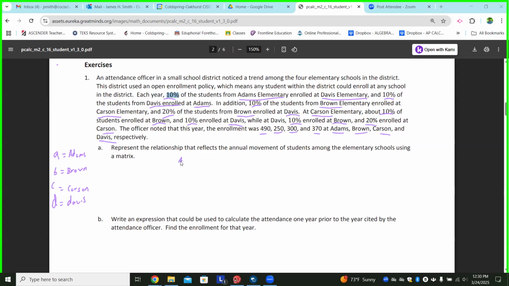So for Adams, 10% of the students from Adams enroll at Davis, so 90% of them stayed. We'll represent that with a decimal.